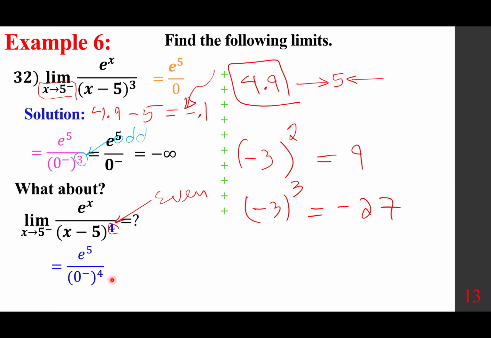And because it's even, this means 0 from the right, and therefore it is positive infinity. That is something you want to be careful of. They seem to be identical. In this case, the exponent of 3, which is odd, results in 0 from the left and therefore minus infinity. In this case, the exponent of 4, which is even, results in 0 from the right, which is positive infinity.